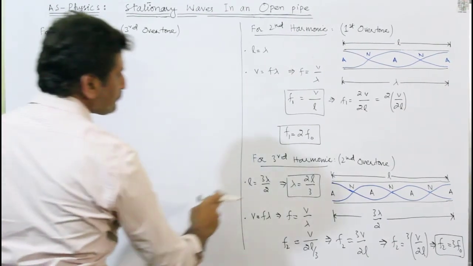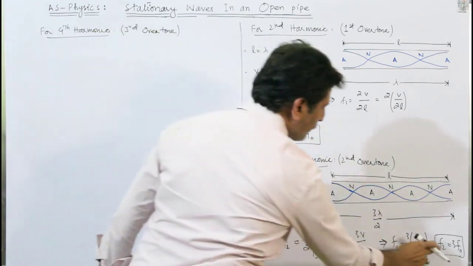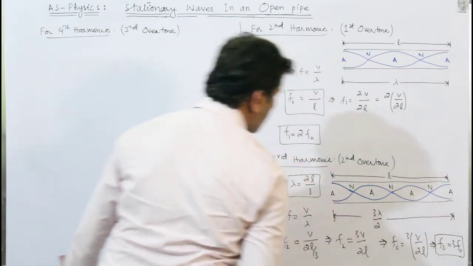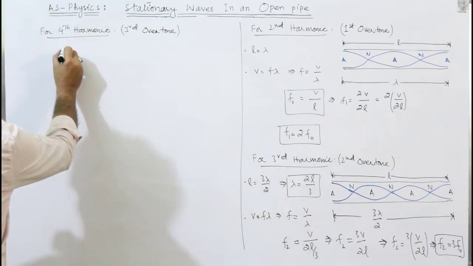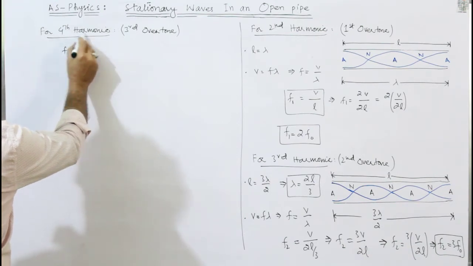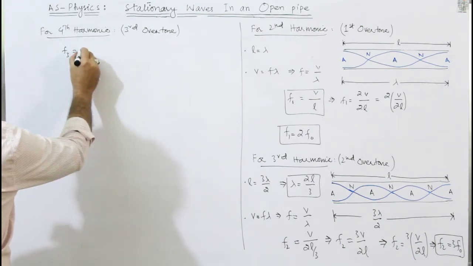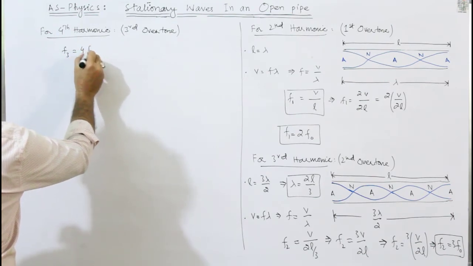So F1 is equal to 2 times F0 and F2 is equal to 3 times F0. It means we can write here F3, that is for the fourth harmonic and third overtone, is equal to 4 times F naught.